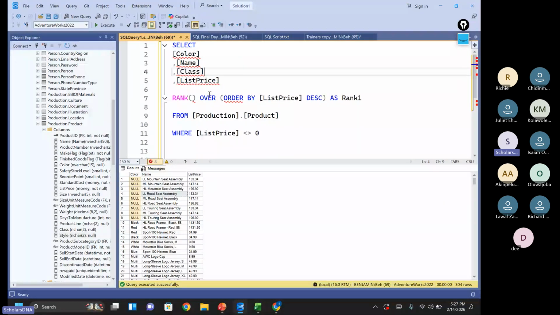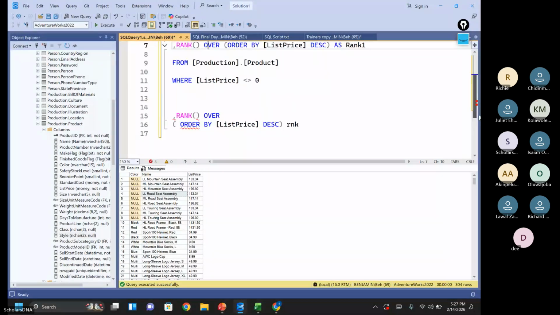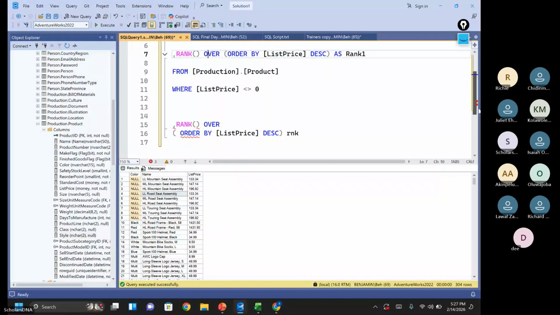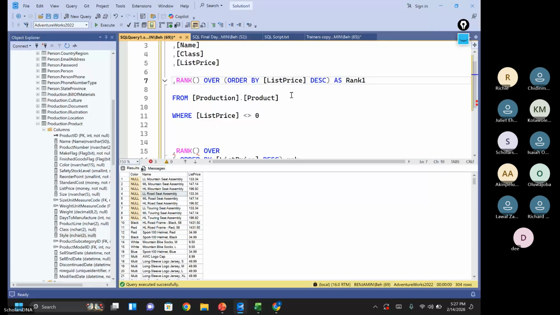But I'm saying, please rank what I want to produce over order by the list price. That is, arrange the table by list price and define a value for it.